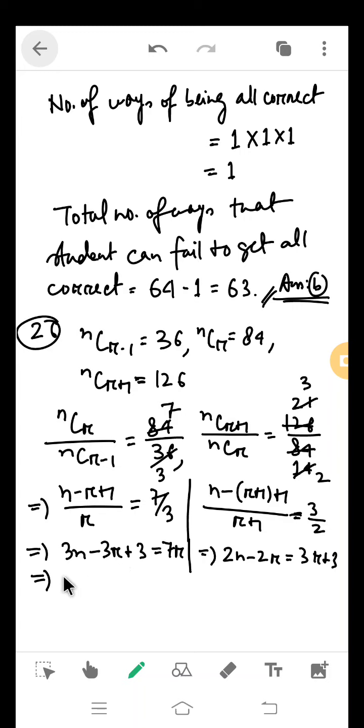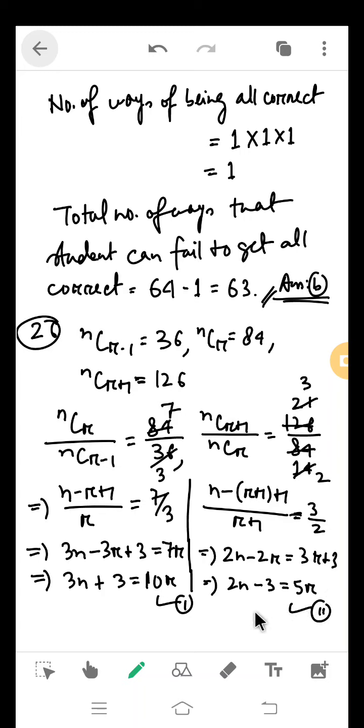So 3n माइनस कितना होगा? इफ यू टेक द होल पार्ट इन द राइट हैंड साइड, और यू कैन डू डायरेक्टली, ये 10r होगा. 3n plus 3 equal to 10r, and that is 2n minus 3 equal to 5r. So better you eliminate r from them.